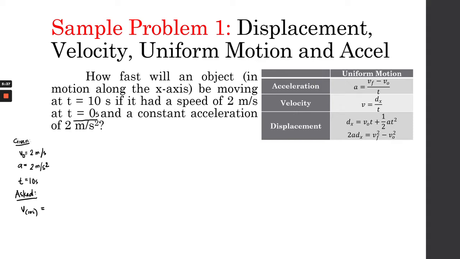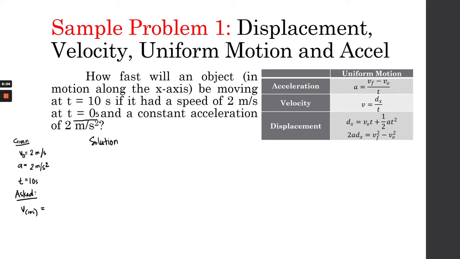The initial velocity, or the velocity at t equals 0 seconds, is 2 meters per second, and it's accelerating at the rate of 2 meters per second squared. After 10 seconds, what would be its velocity is basically what they're asking. As for the formulas, I've already written them here. So let's begin with the solution.